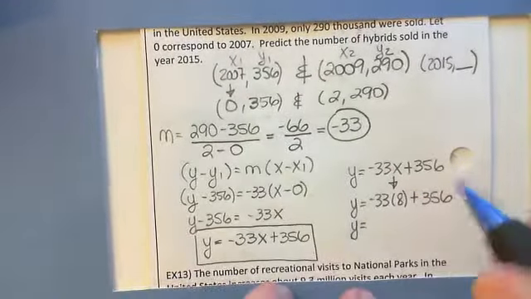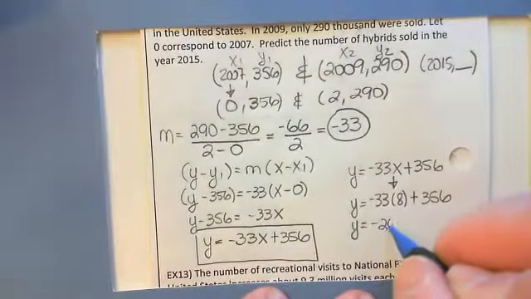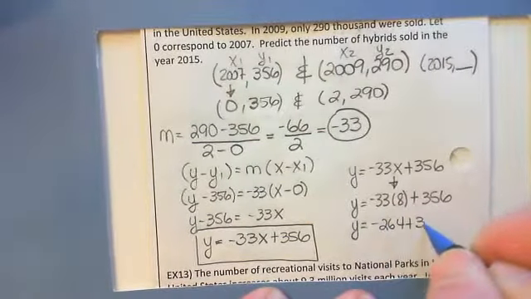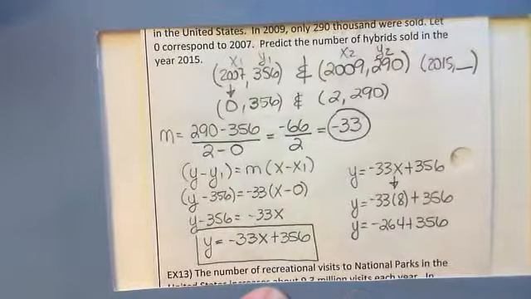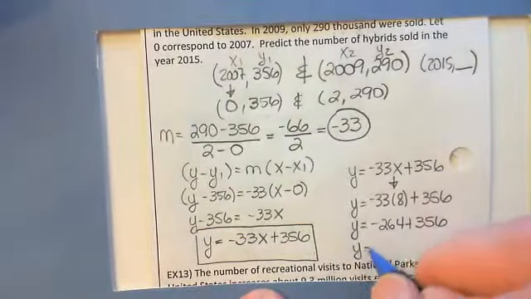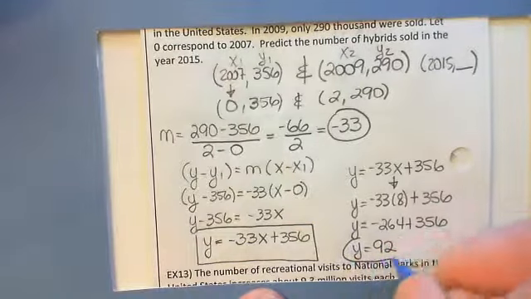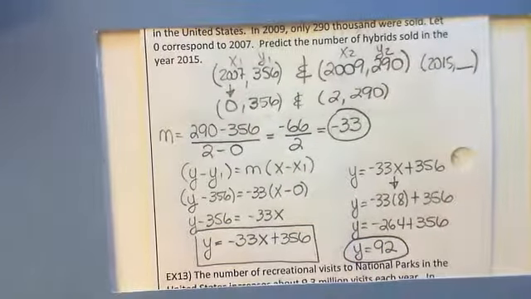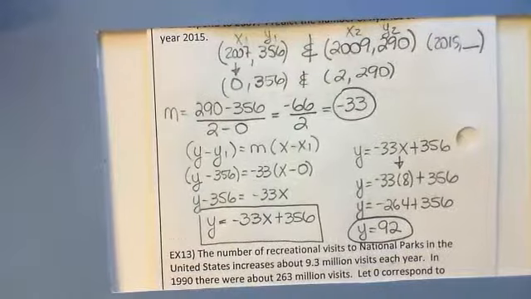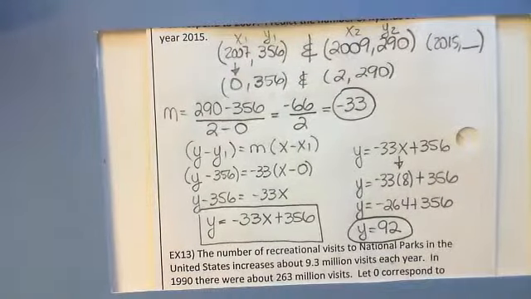So negative 33 times 8 is negative 264. And if we add that to 356, y equals 92. And that is our answer. So that means in the year 2015, we should expect to sell 92,000 cars.